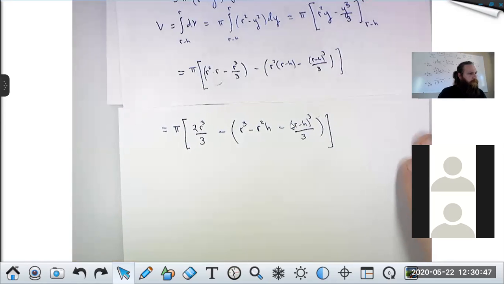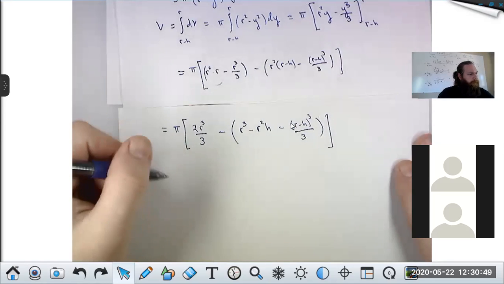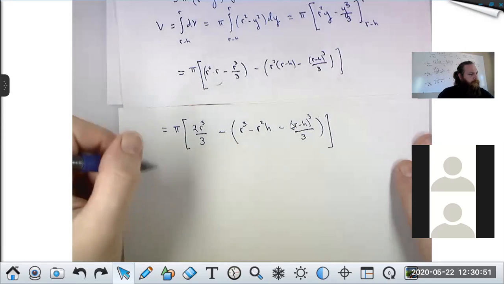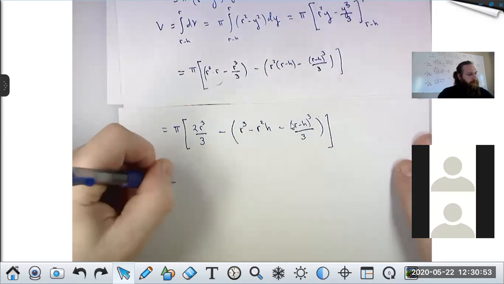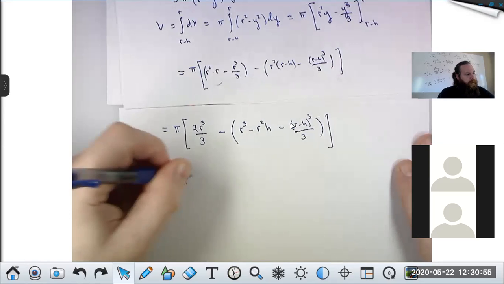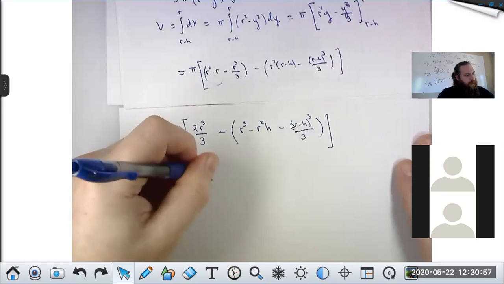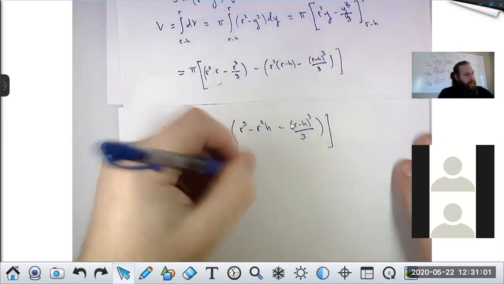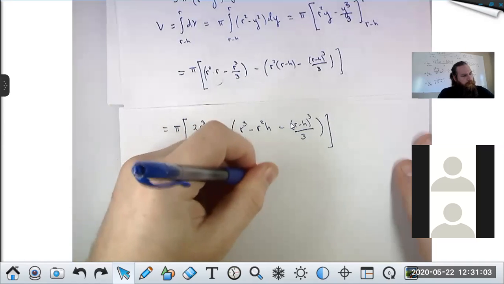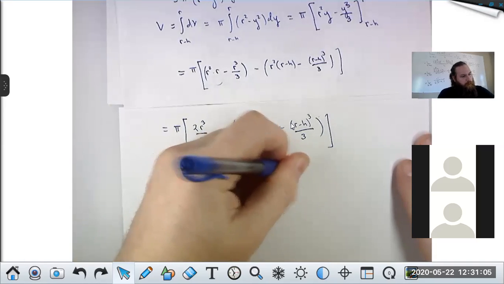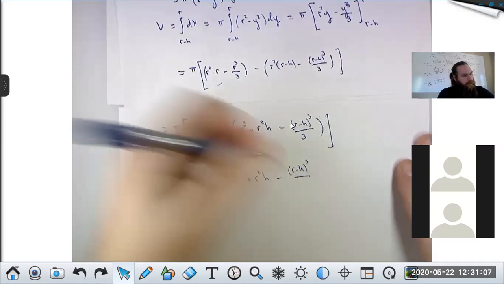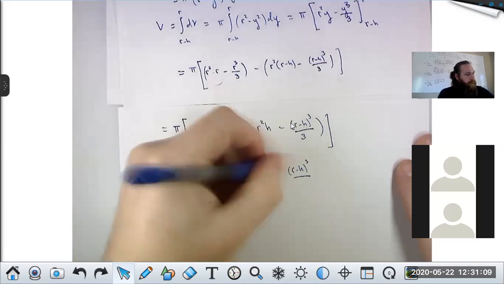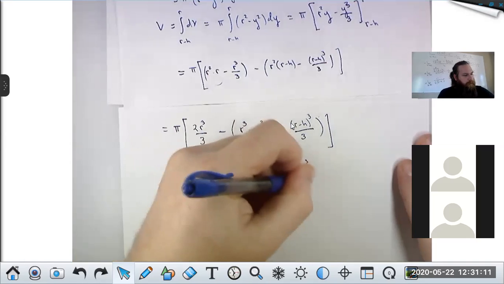Let's take a look. So this is pi times 2r cubed over 3 minus r cubed plus r squared h minus (r minus h) cubed over 3. No, plus, because I distribute the minus. Yeah, plus (r minus h) cubed over 3.